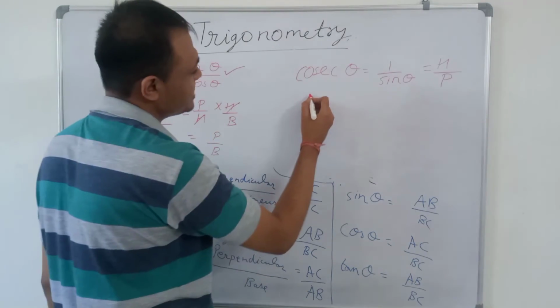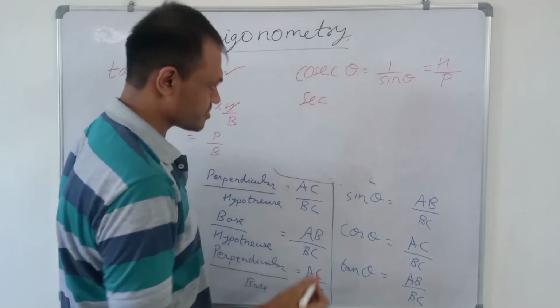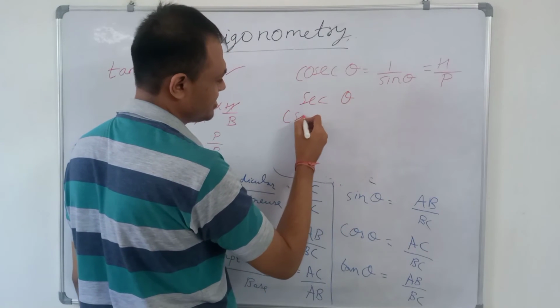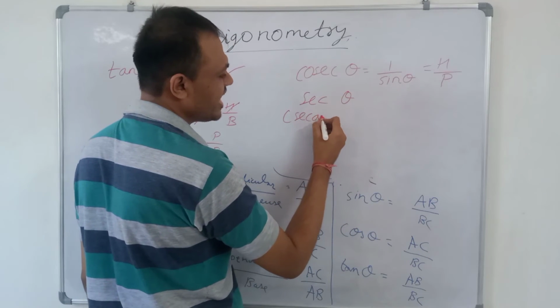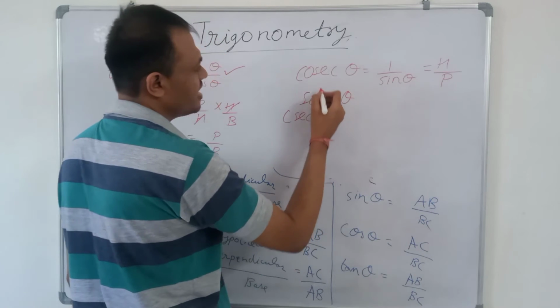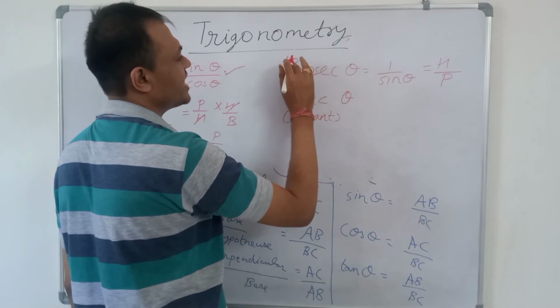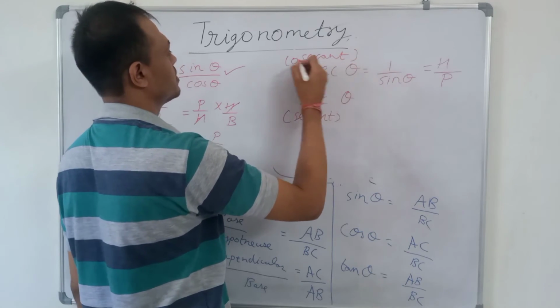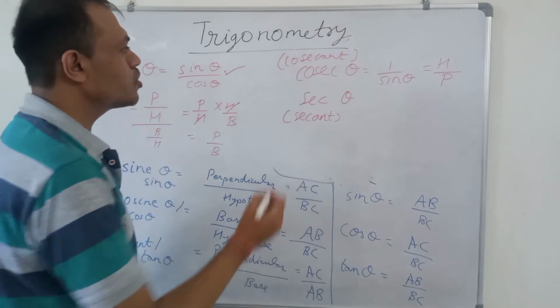There is sec theta, its full form is secant, S-E-C-A-N-T, and cosec full form is cosecant, C-O-S-E-C-A-N-T.